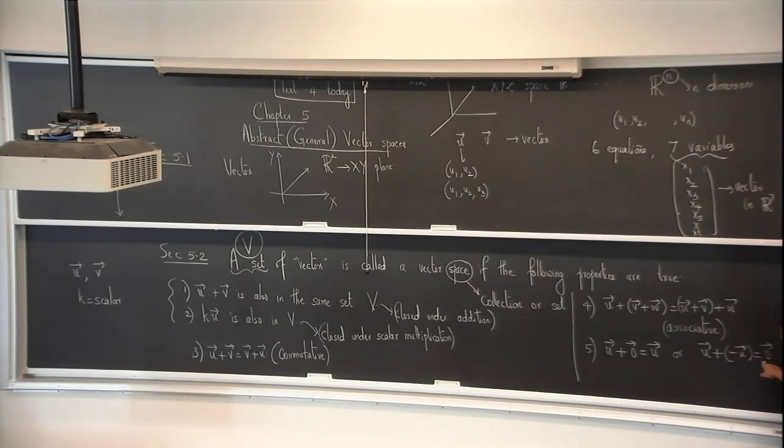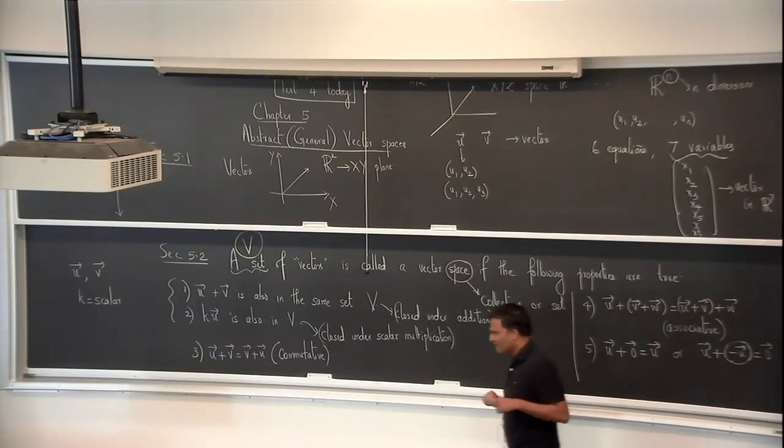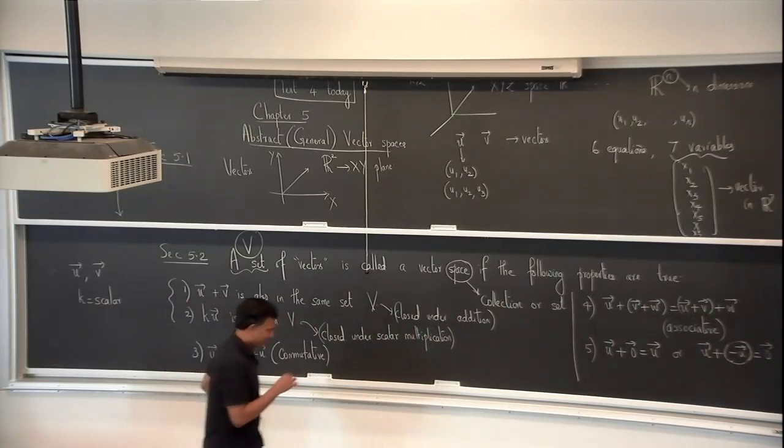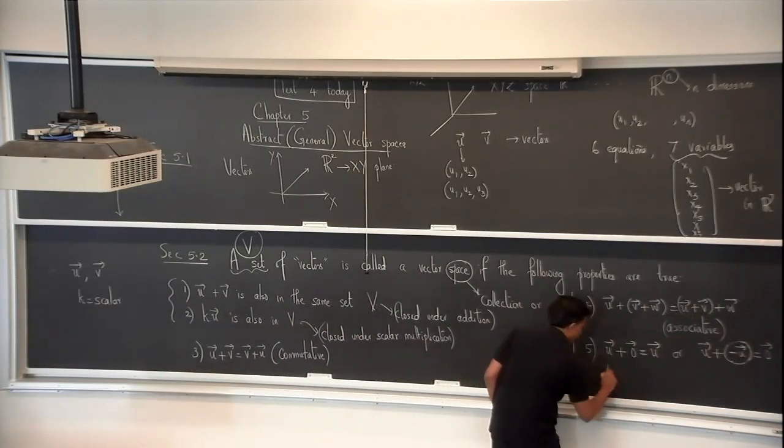Okay. What does this property tell you? That there is a what? What do you call this thing? You forgot all these things from your school. That's called the additive inverse, right? So the existence of additive inverse.